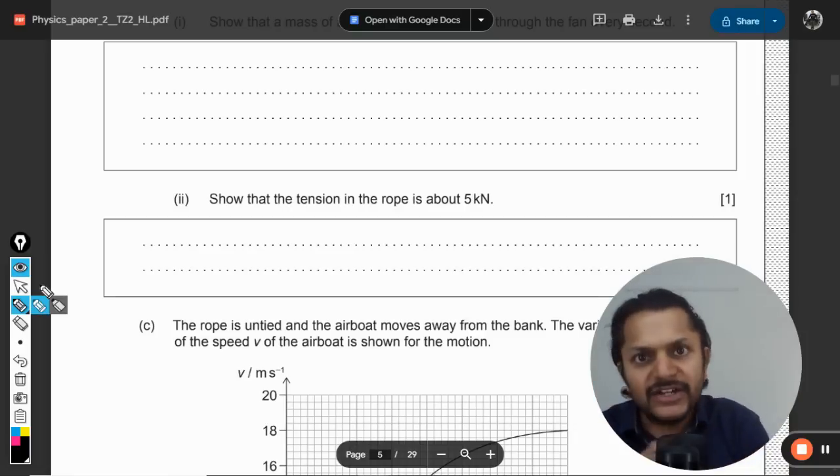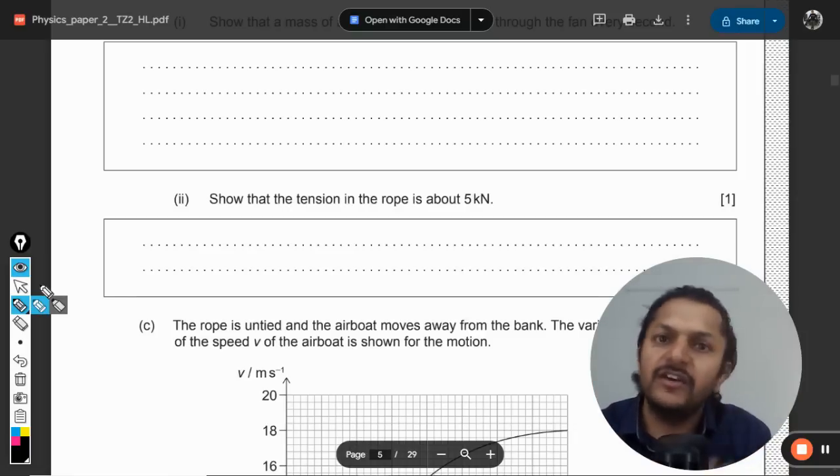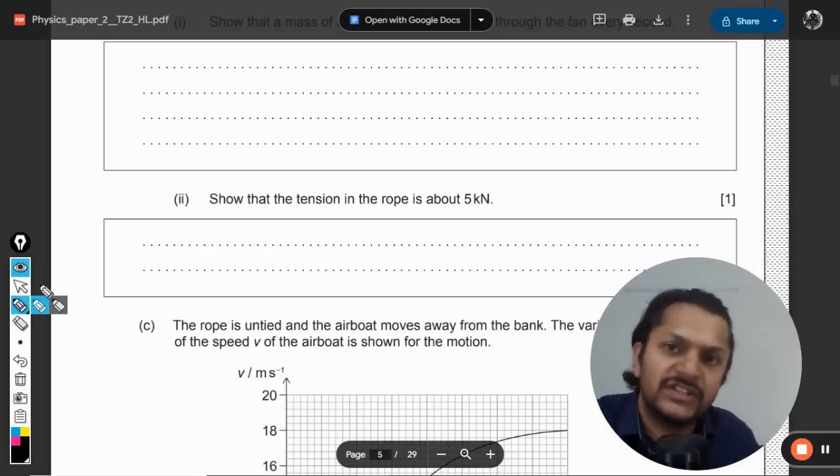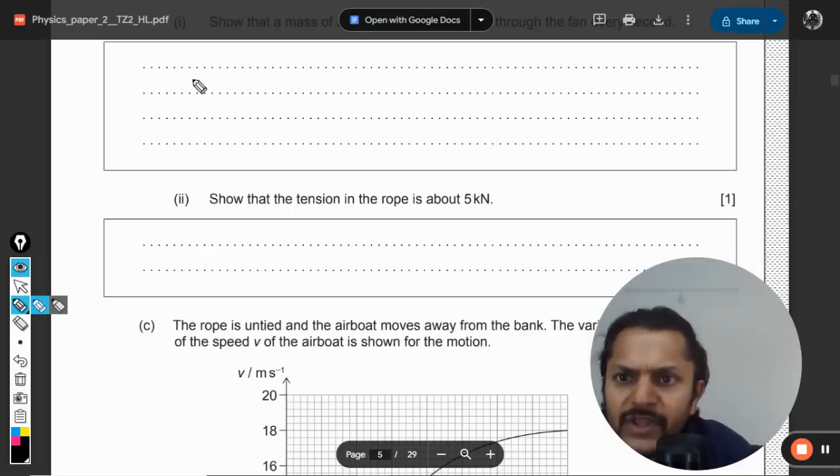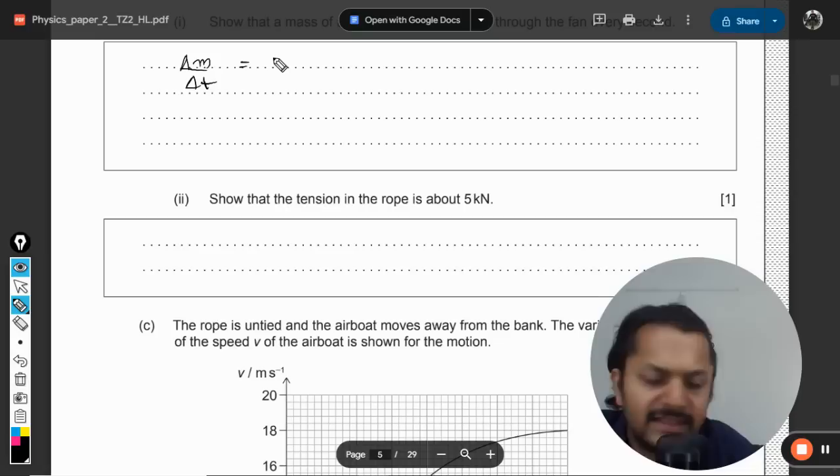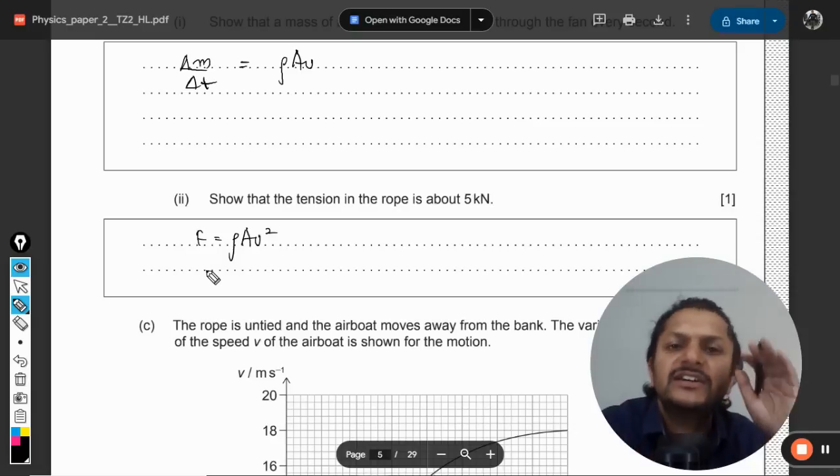So the tension in the left hand side direction will be equal to the propelling force in the right hand side direction. For the mass flow rate, we have already seen that the formula is rho AV, and for the force, the formula is rho AV square.